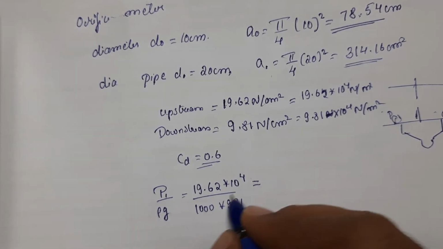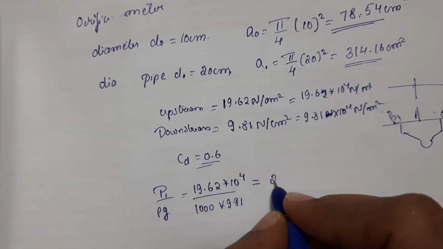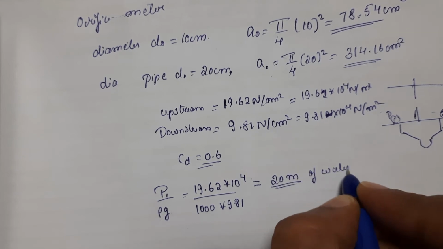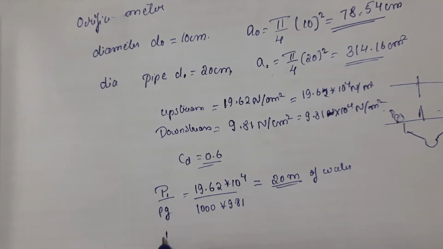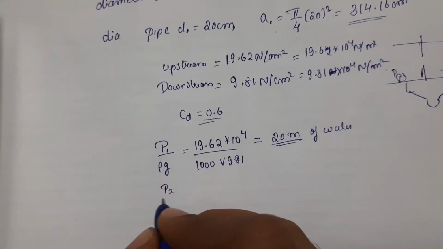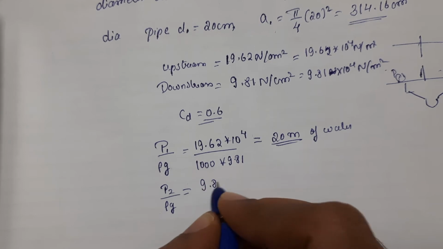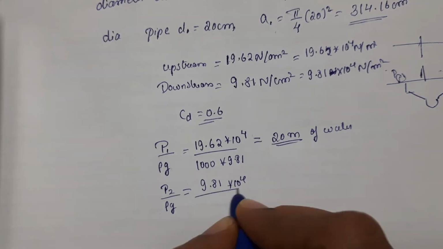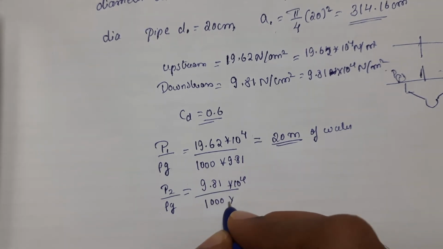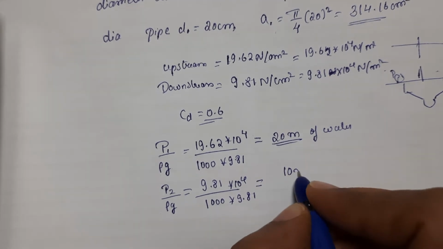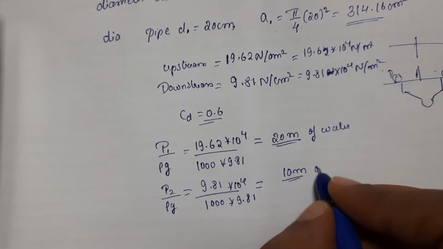Calculating this, you'll be getting the value as 20 meters of water. Similarly, calculating pressure head at point 2, 9.81 into 10 to the power of 4 by 1000 into 9.81, you'll be getting the value as 10 meter of water.